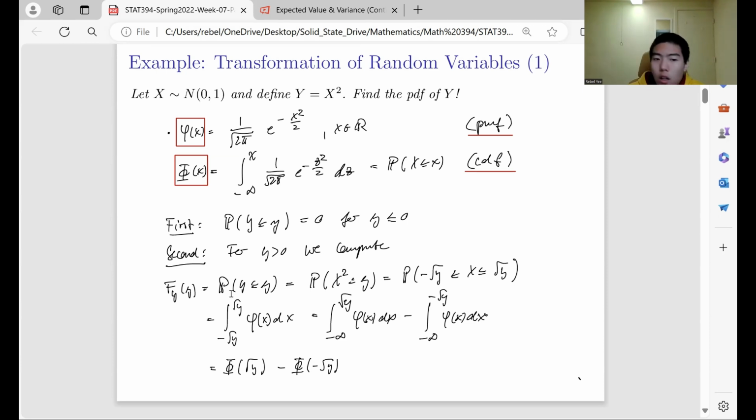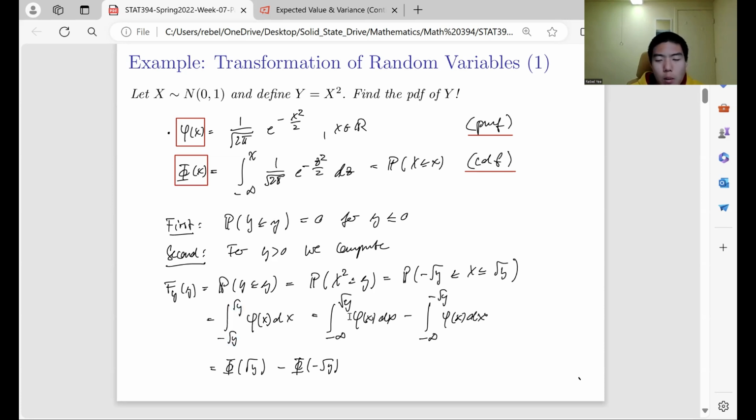As soon as we find this equation, we can do one more step, which is to separate it into two normal CDFs: from negative infinity to root y for the upper bound, and from negative infinity to negative root y for the lower bound.